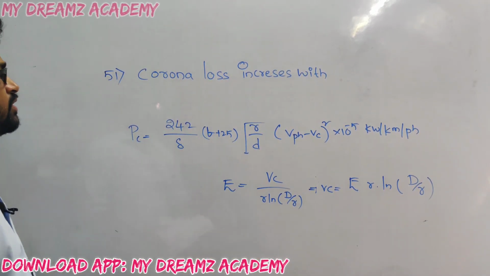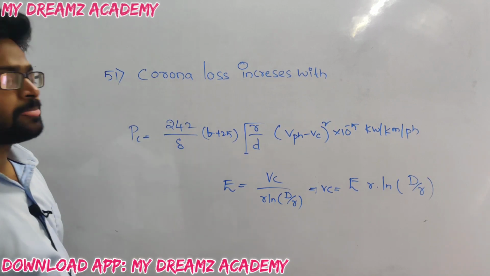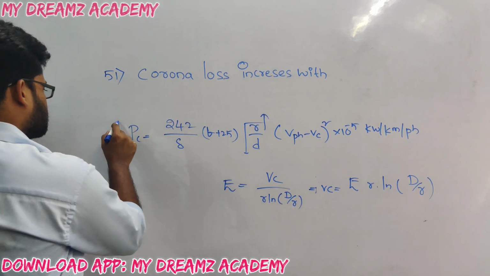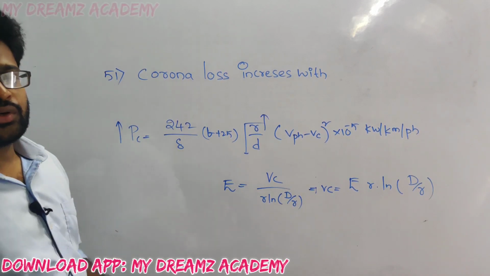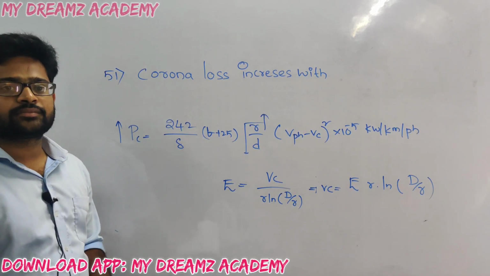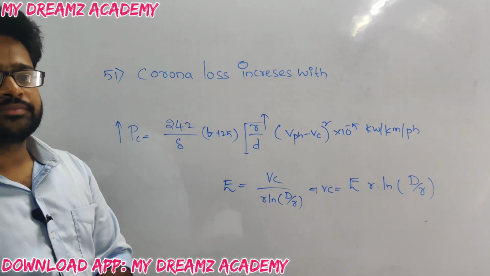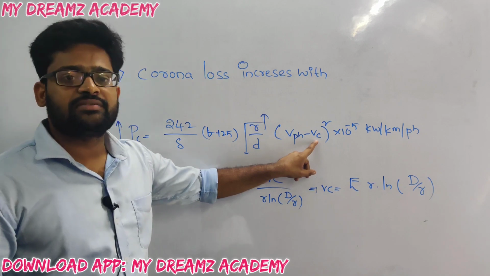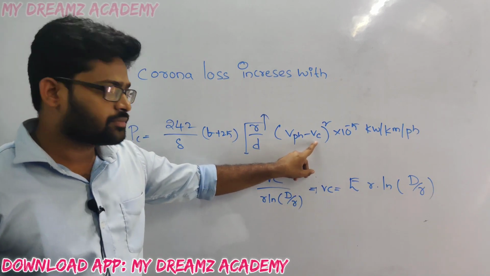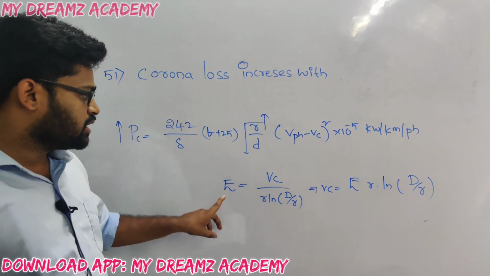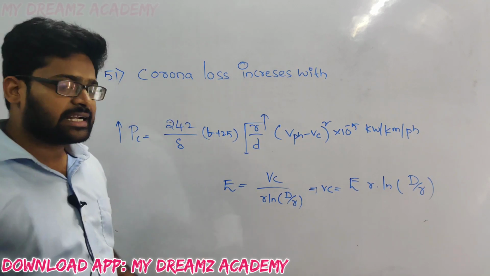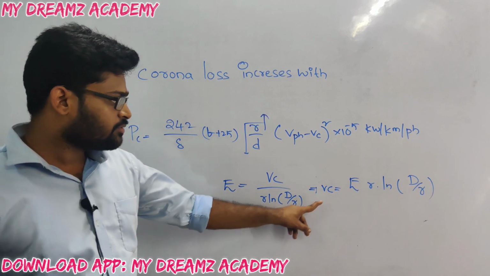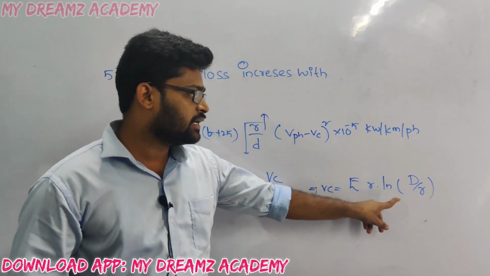And if the radius of the conductor increases, corona losses increase. If you assume it like this, then this is the wrong perception. It also depends upon the Vc value, that is the critical disruptive voltage. The critical disruptive voltage is calculated like this: E is the electric field intensity, E equals Vc by (r ln d by r), where Vc equals E into r ln d by r.